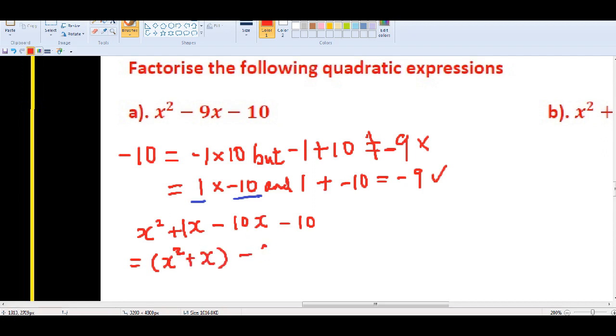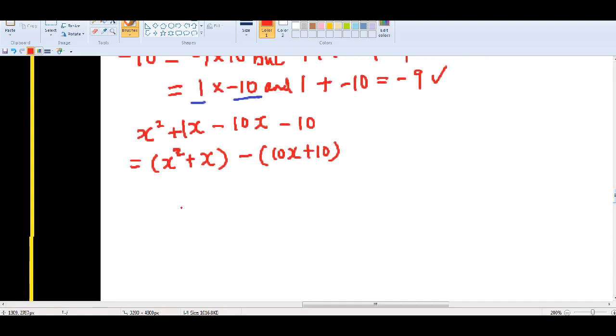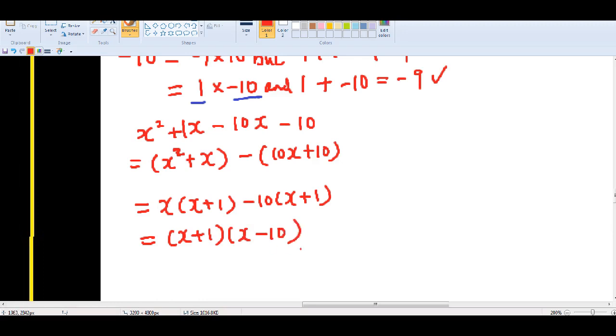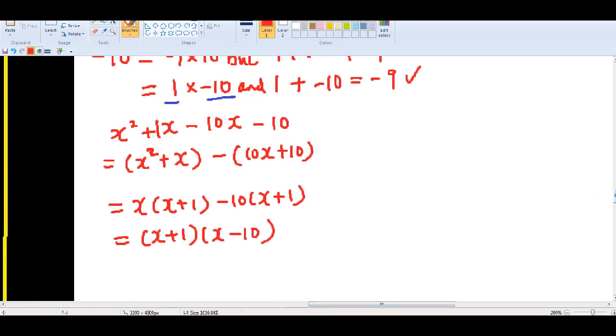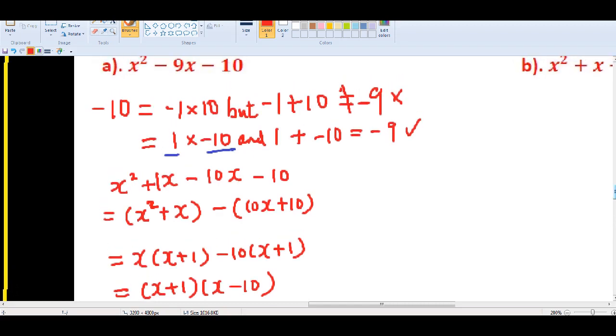For the next two terms, be careful, you need to change the sign, because there's a negative sign here. Let's take out the common factor: here x, quite obvious, here 10, quite obvious. So you got x plus 1. Since we've done this many times, I'm going to be pretty fast now. So that's the first one.